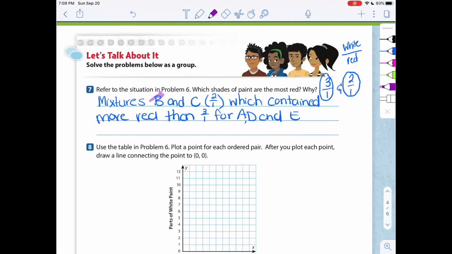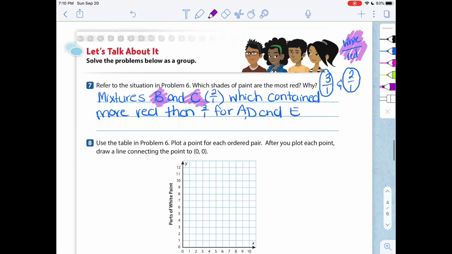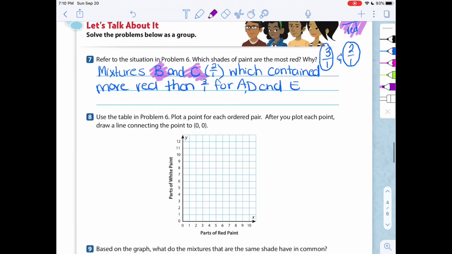So mixtures B and C would be more red than the other ones because they contained more red paint. Because remember, we compared them from white to red. So 3 to 1 had more white paint than the other one, which would make it more pink.